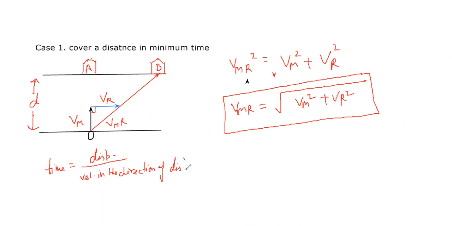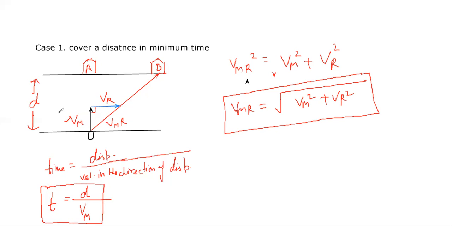Displacement is d, and the velocity in that direction is Vm, perpendicular to the bank. So T equals d upon Vm. This is the final answer for time.